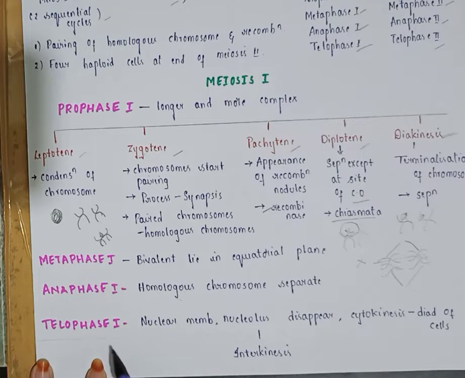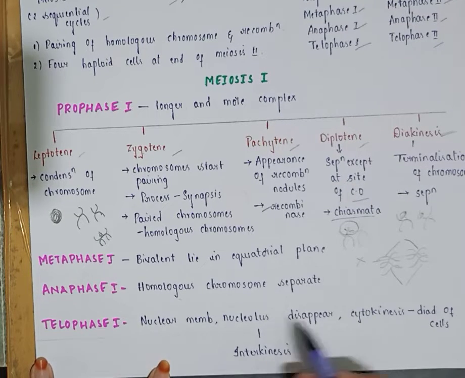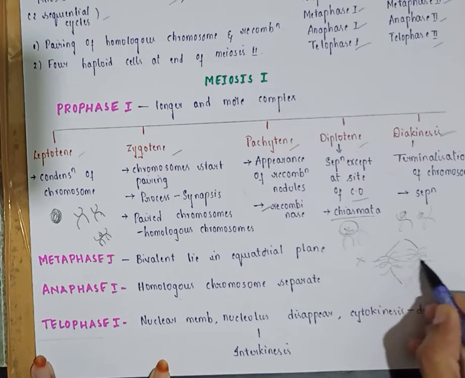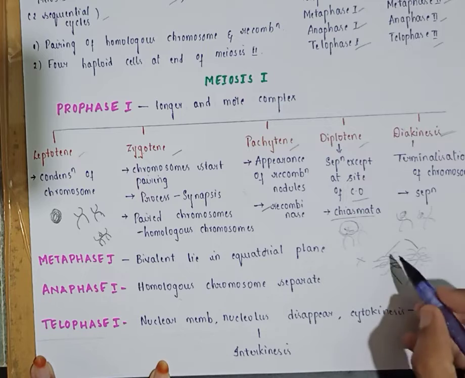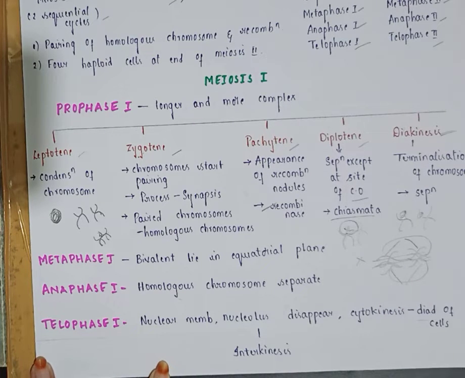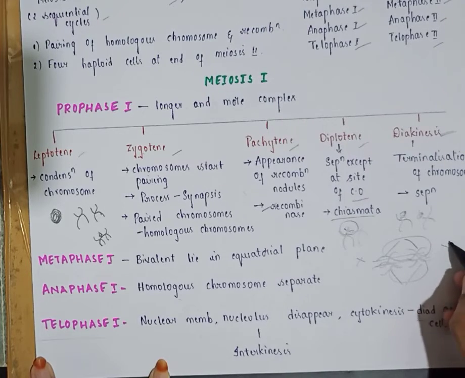During telophase 1, the nuclear membrane and nucleolus reappear, and cytokinesis also occurs and results in a dyad of cells. Dyad of cells means these chromosomes get separated, and each chromosome enters into each cell containing two sister chromatids.